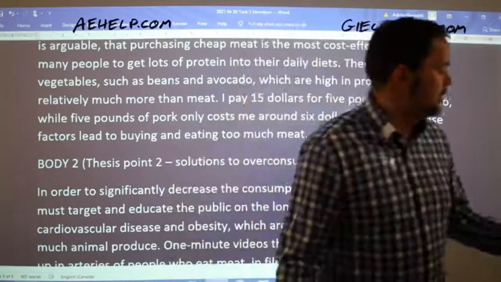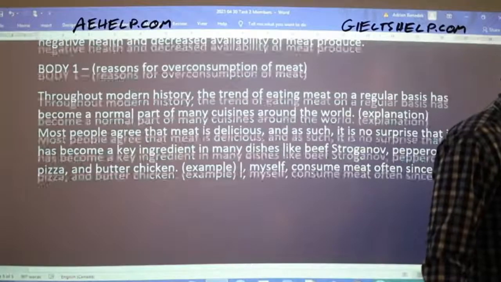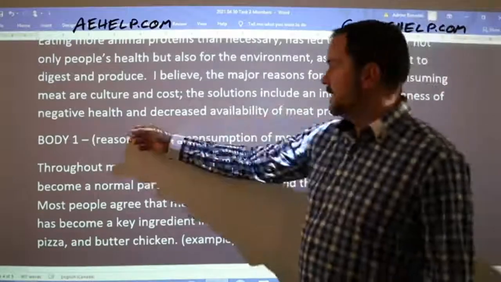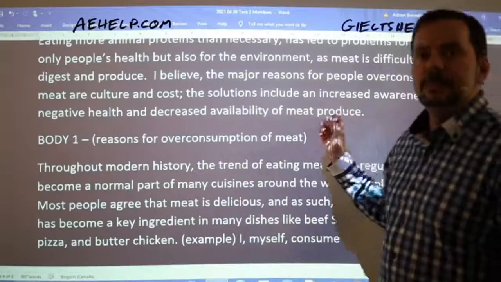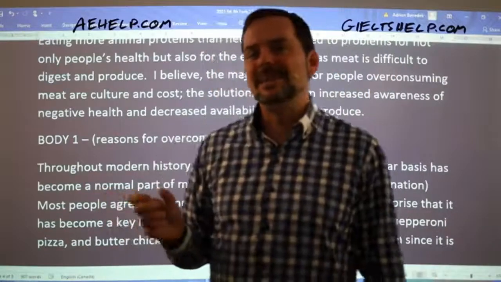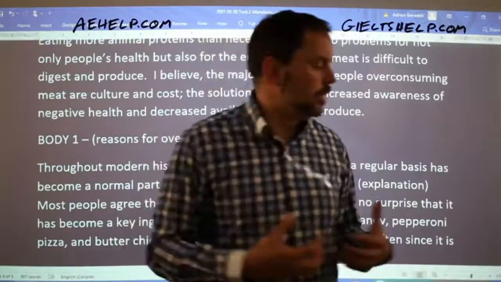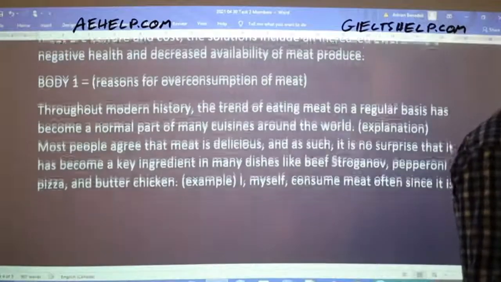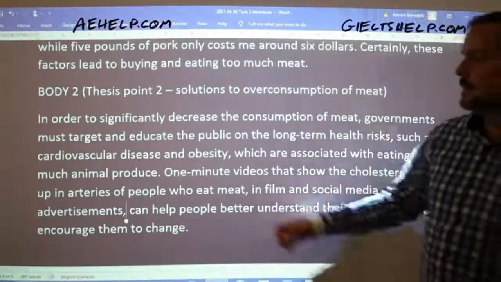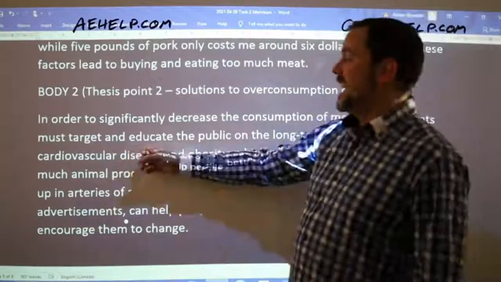Okay, because I believe if we go back to the thesis, we write increased awareness of negative health and decreased availability of meat produce. And you're writing increased public awareness and limiting access to meat. You're just paraphrasing, which is okay, but you're not really saying anything more. So really what we want to do is we want to say more. We want to give more detail, okay? So in order to significantly decrease the consumption of meat, government must target and educate the public.